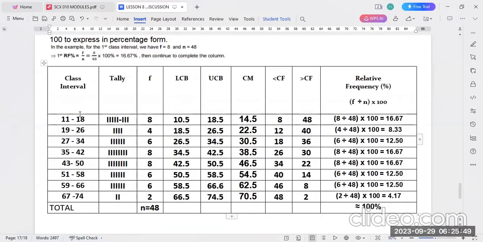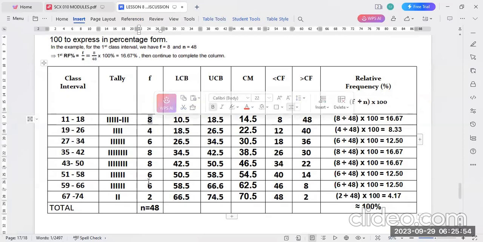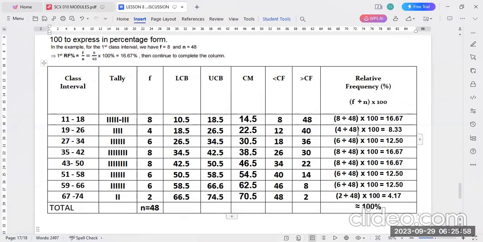So the first class interval, first frequency, we have 8, and then i-divide lang po natin siya sa N, kasi it's F divided by N. So 8 divided by 48 times 100, and that is equal to 16.67.